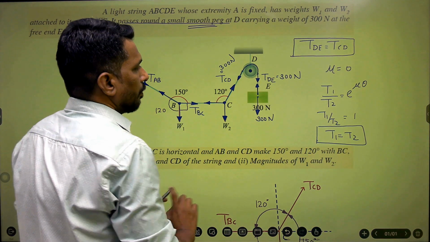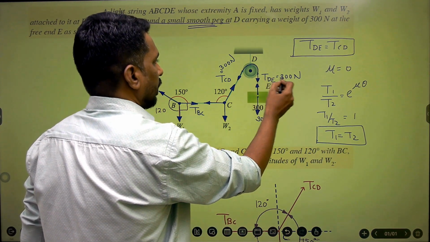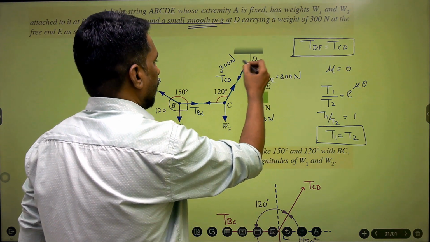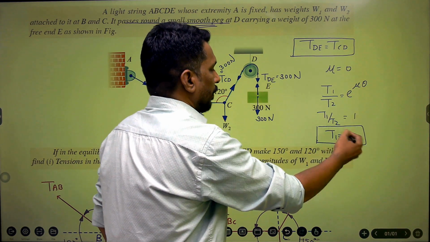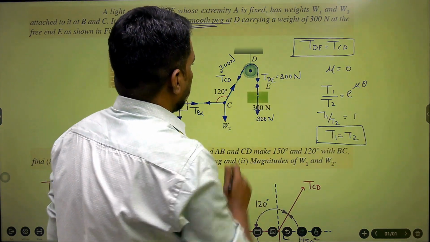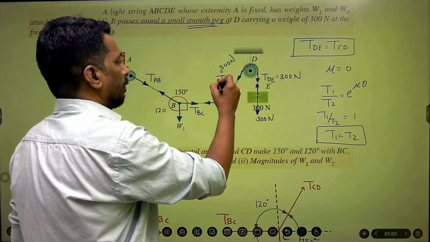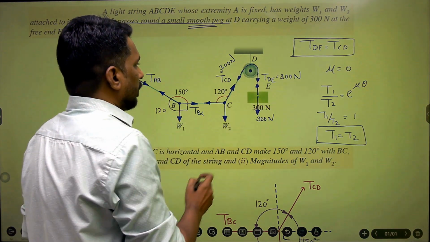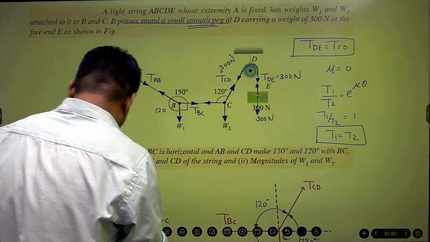Here you can see this was 300 which is connected to the cable, so the cable carries tension equal to 300, and the same tension is on the other side because this is a frictionless pulley. So using this formula you can say tension on either side is equal, so this is 300. So TCD we have already calculated while drawing the FBDs is 300. So we have a value of TCD which is equal to 300 Newton.